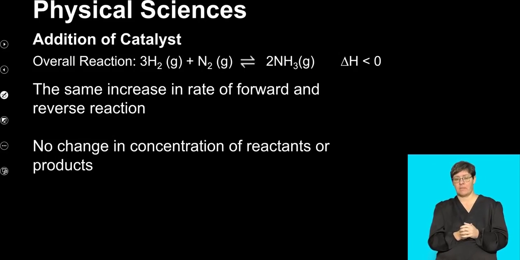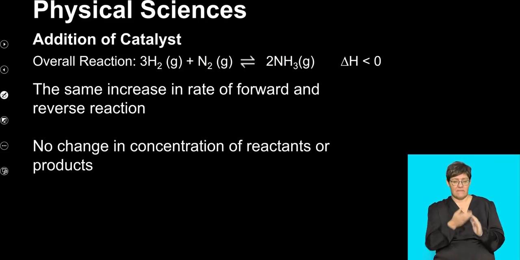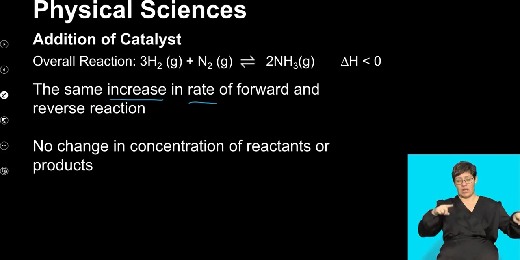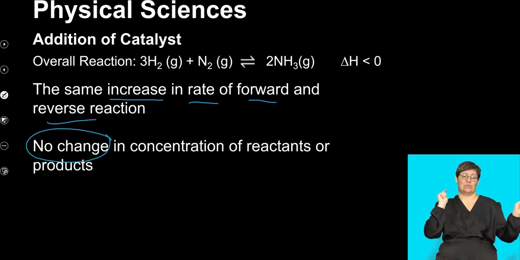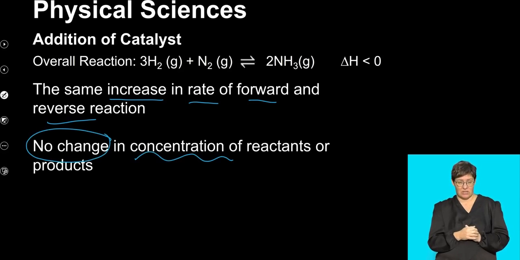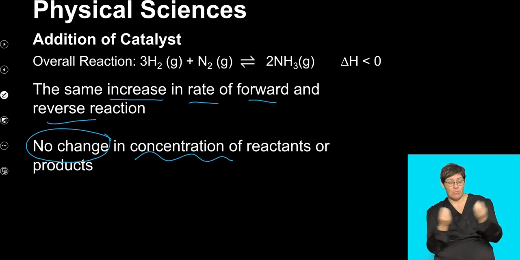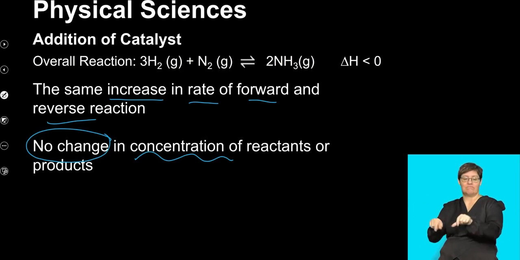When we add a catalyst, there is an increase in both the rate of the forward as well as the reverse reaction. But there is no change in the concentration. Remember, I said in an earlier session, the product is formed faster, but the amount of product that forms remains the same.